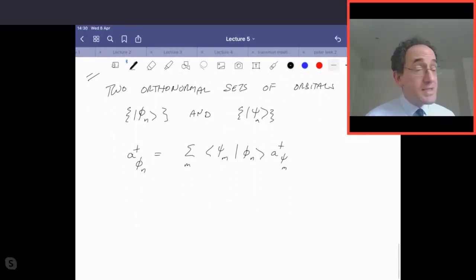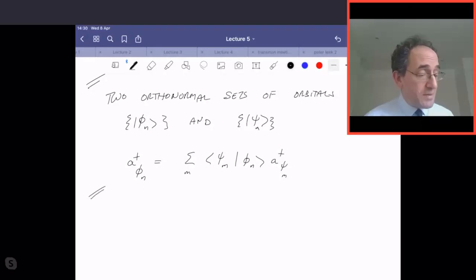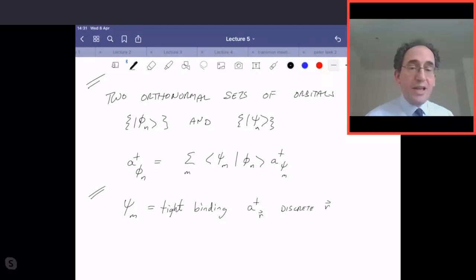Let's do an example of this. The most common example to worry about is the case where psi m is the tight binding orbitals. So these are a dagger at site R. There's some lattice of sites R, from a discrete set of R sitting on a lattice.